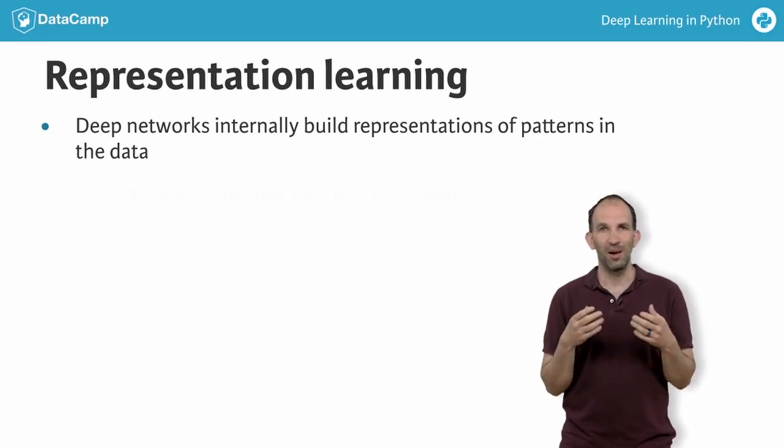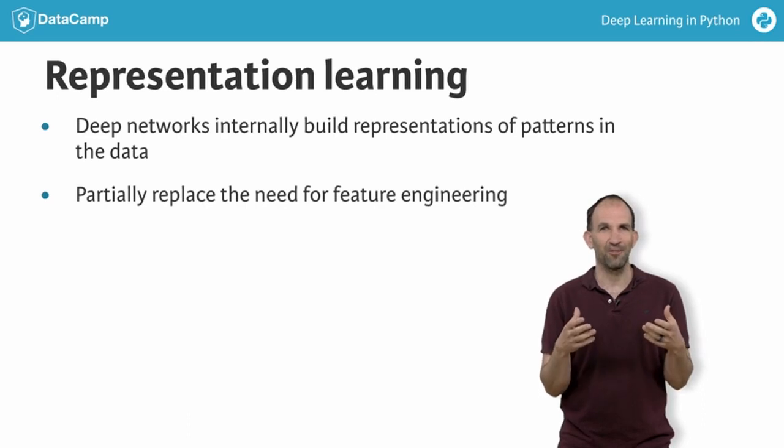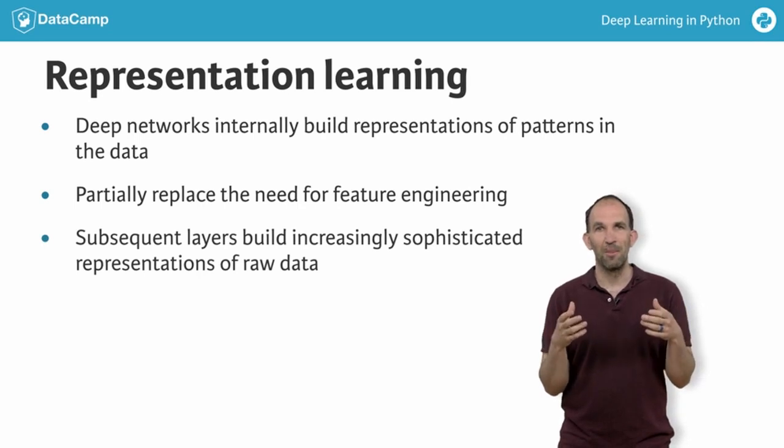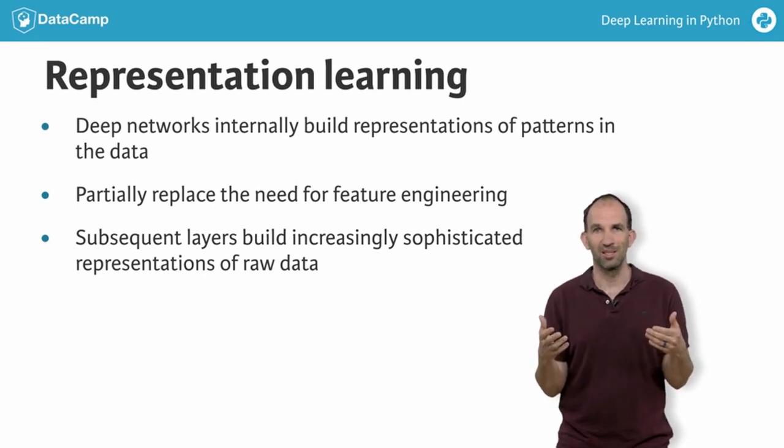In this way, neural networks partially replace the need for feature engineering, or manually creating better predictive features. Deep learning is also sometimes called representation learning because subsequent layers build increasingly sophisticated representations of the raw data until we get to a stage where we can make predictions.